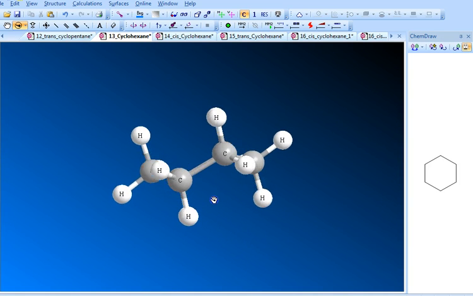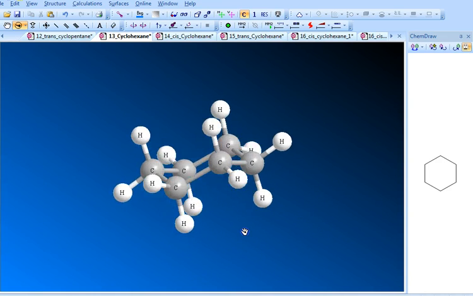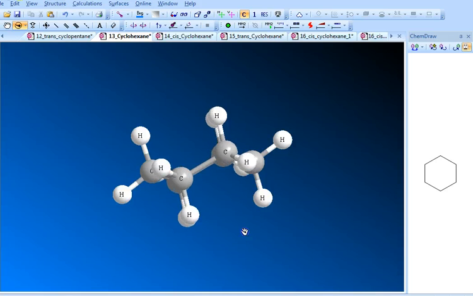Now what I want you to realize, this is actually called the chair conformation. Cyclohexane can exist in various different conformations.